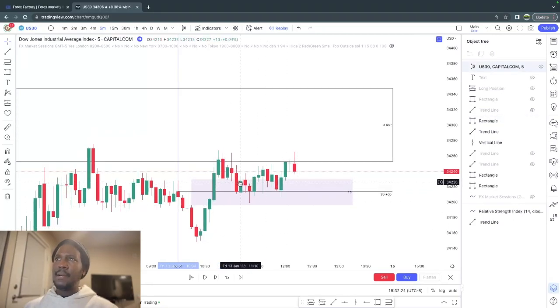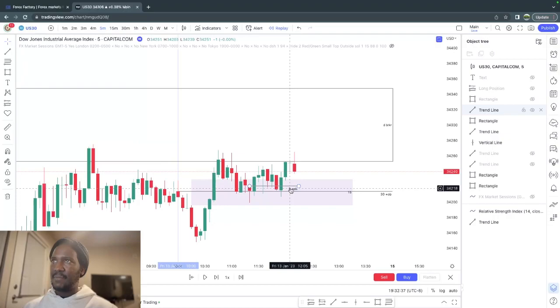Notice how price is just hugging around that 30-minute order block, like a gate. It comes, takes it back, takes it back. Quite interesting, right? What I noticed was this 5-minute order block and that 5-minute gap right there.